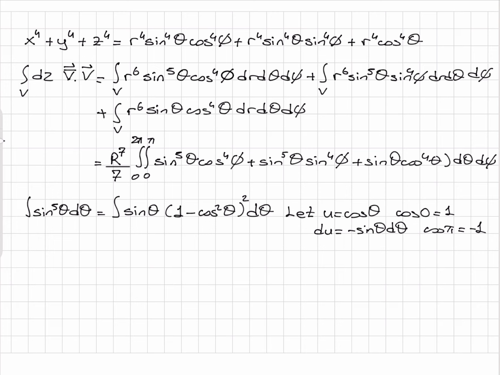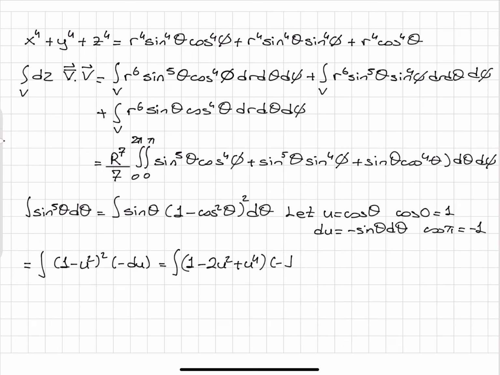Okay, so this integral will then become the integral of 1 minus u squared, squared, and sine theta d theta is minus du. So this is going to become 1 minus 2u squared plus u to the power 4, times minus du.